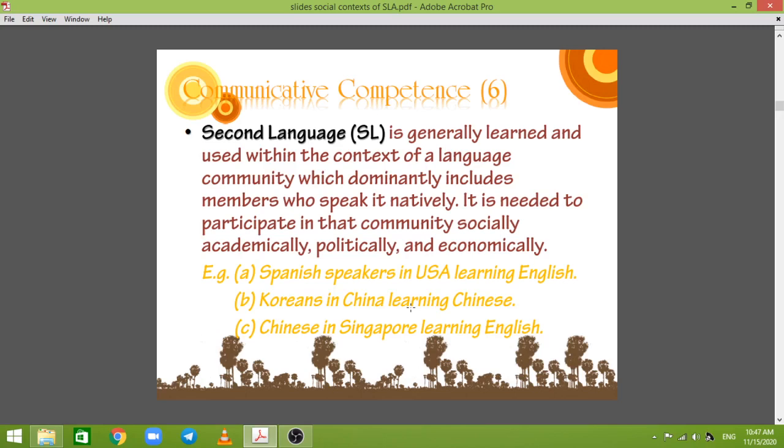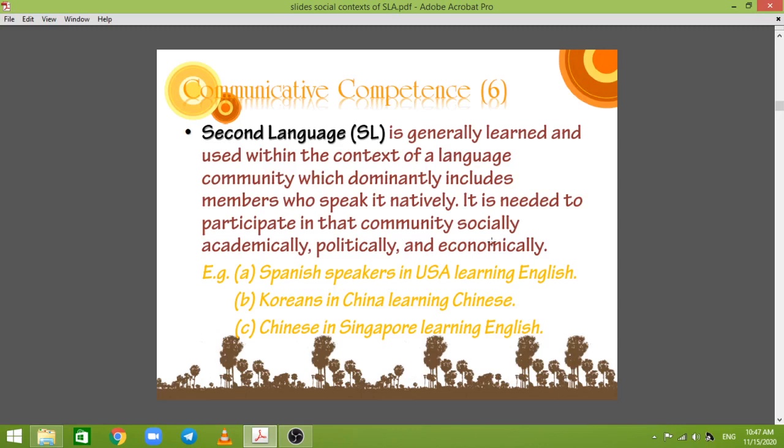This can be regarded as the native language as well, which they use in different arenas or domains, like what I show you in this slide: socially, politically, or, in case you go to Singapore, Singlish, which is contextualized English, the language that is used dominantly.